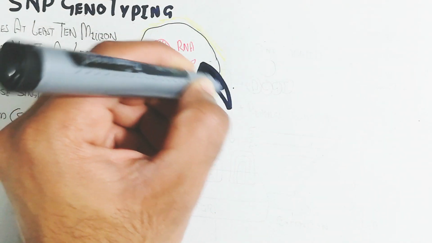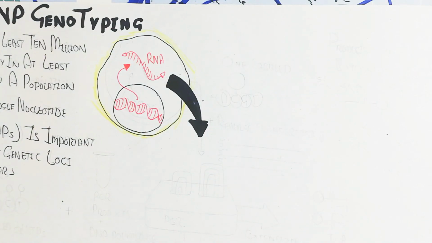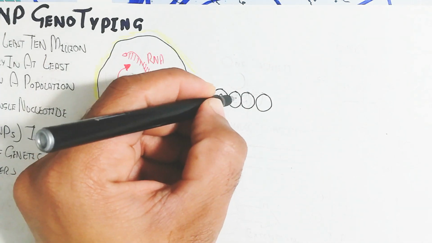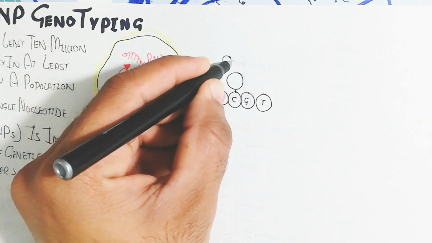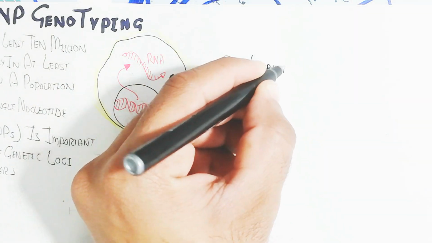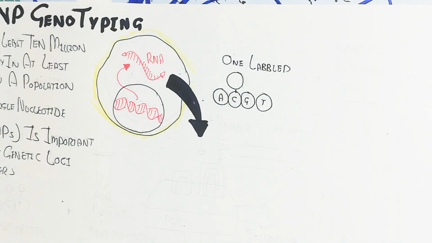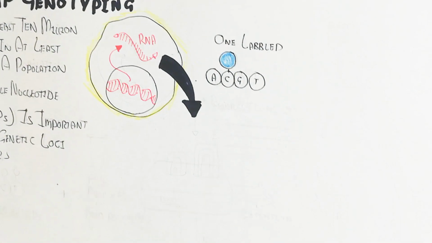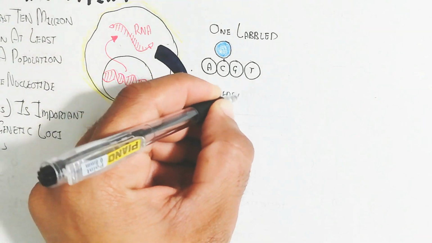So let's begin to understand the identification by SNP genotyping. This is a cell containing adenine, cytosine, guanine and thymine, and one is labeled here. The blue color is labeling the cytosine only.